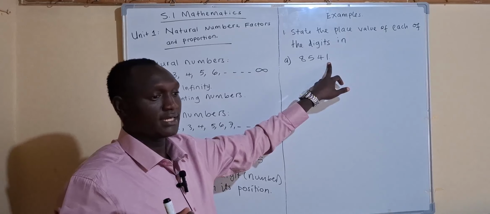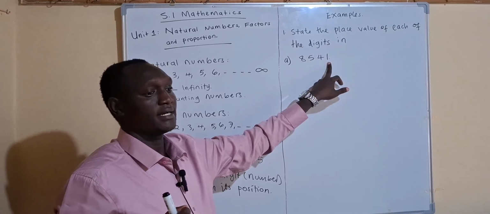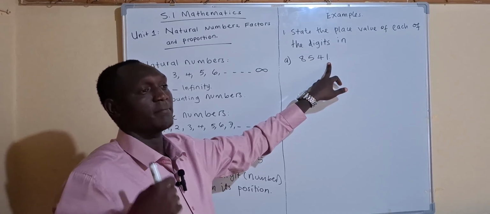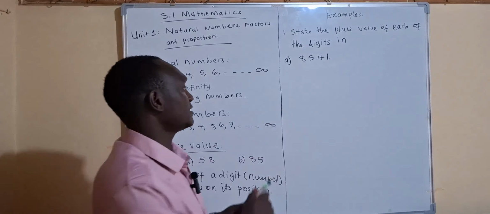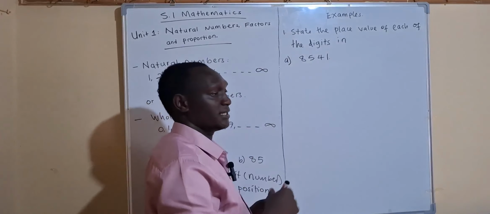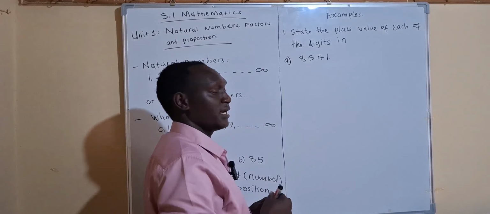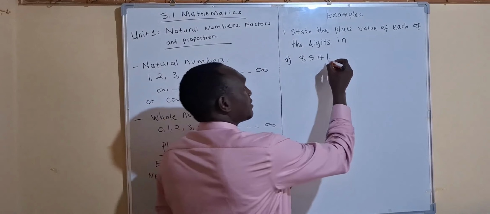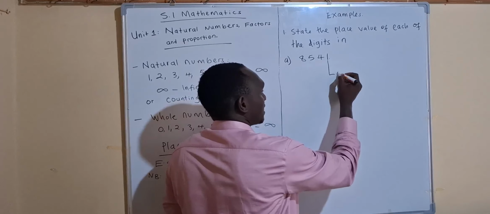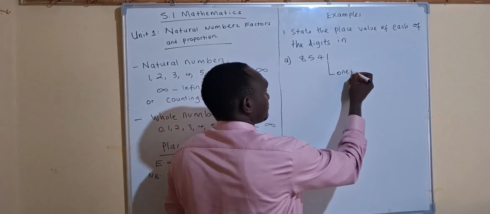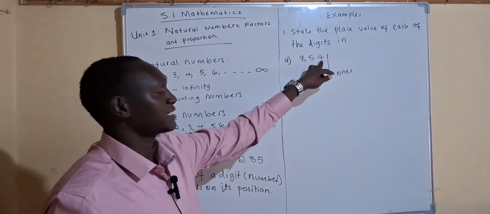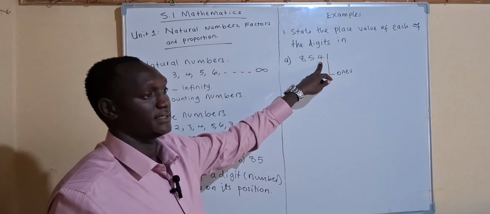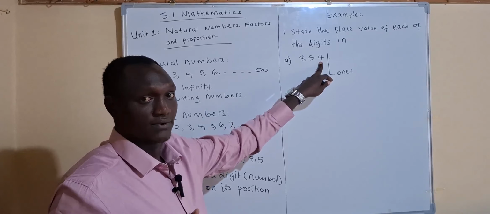Anything which is there is a number that was obtained by counting a given number of ones. So since here is 1, it means that there is 1 one, just by position. Now the second one stands for tens.